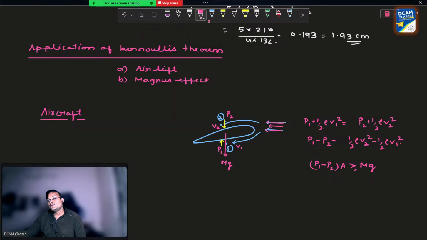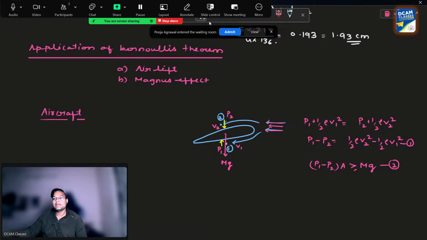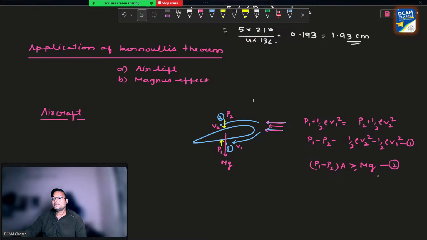Now, how do they do this? To lift off, this is the requirement. When P1 minus P2 into A becomes greater than mg, this aircraft takes off. But how do they make P1 minus P2 that high a quantity so that it overcomes the mg force?